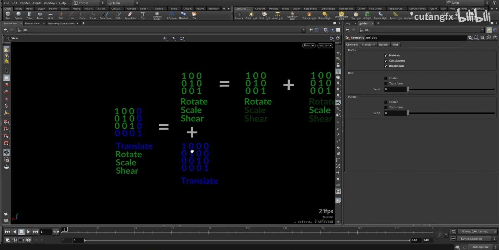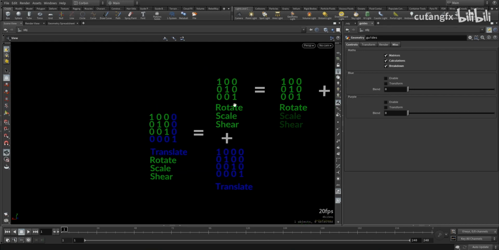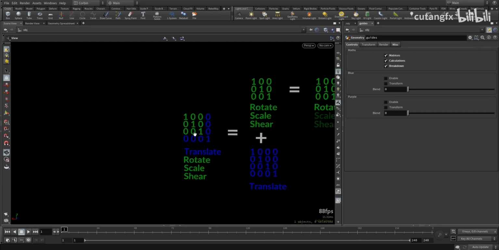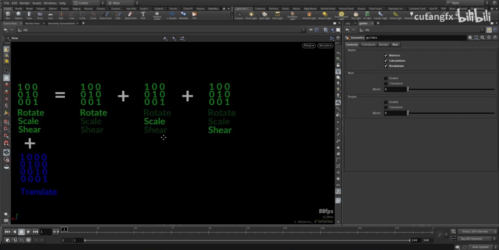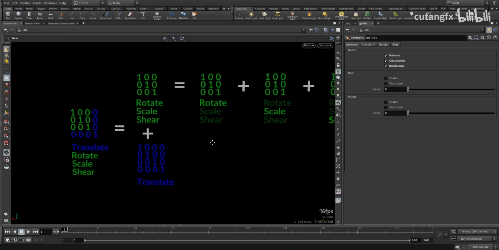And then we multiply that by our translation matrix, which is a 4 by 4, but with the scale, shear, and rotate values set to identity, and it'll have its own translation values. When we multiply these together, we get a 4 by 4 matrix, which includes all of these aspects to it.